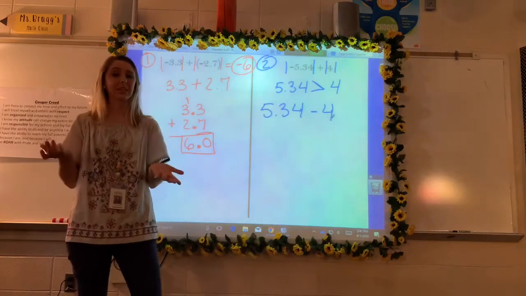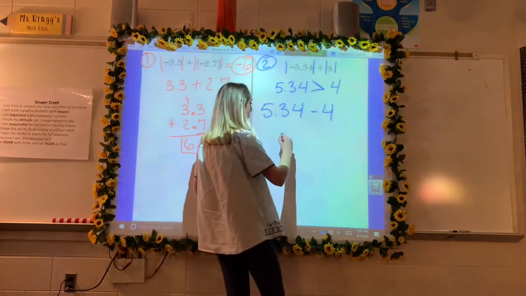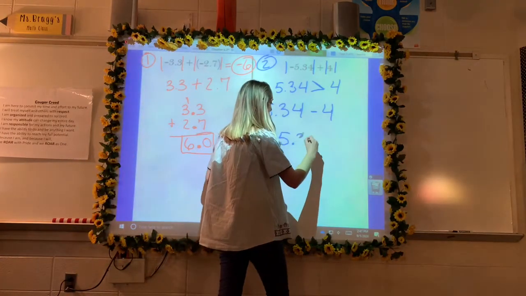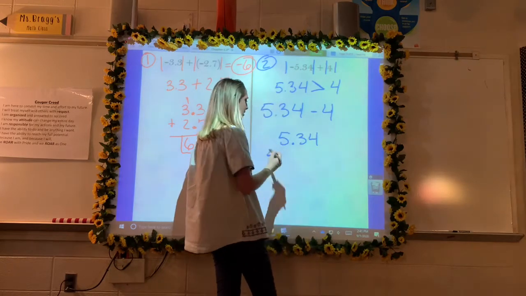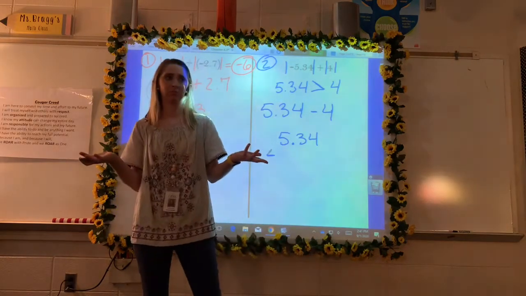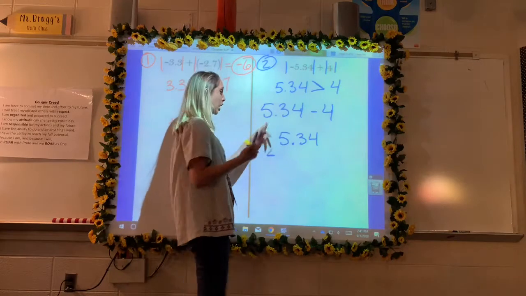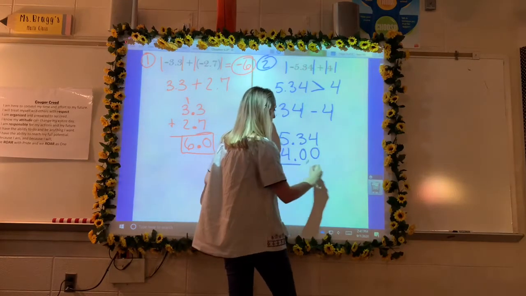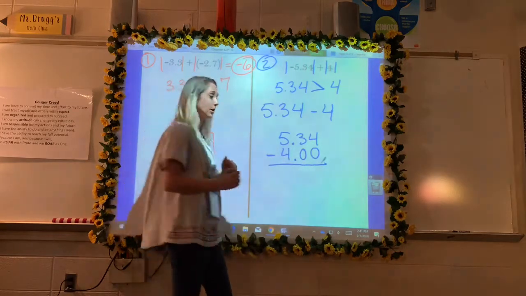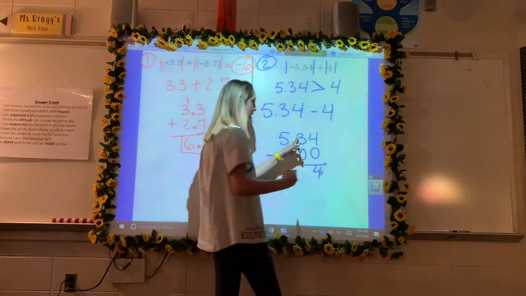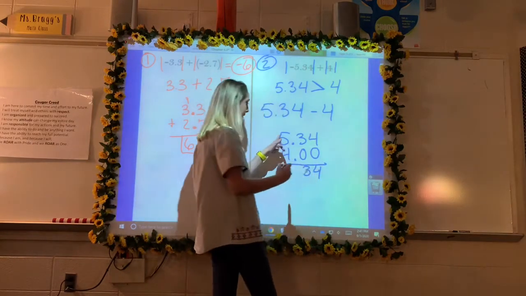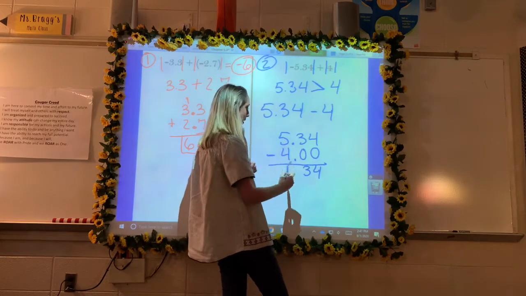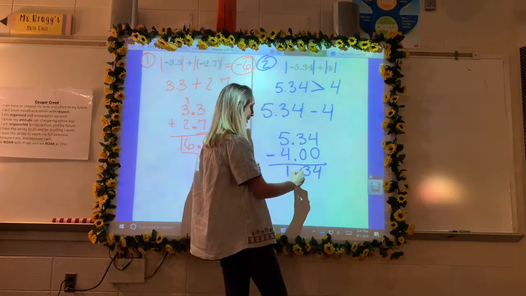But we have to line up decimals. So it's going to end up looking like 5.34 minus, well, where does my 4 go? So 4 is going to go below the 5, and then we'll just put zeros. So 4 minus 0 gives us 4, 3 minus 0 gives us 3, and 5 minus 4 gives us 1. But we have to bring that decimal down.